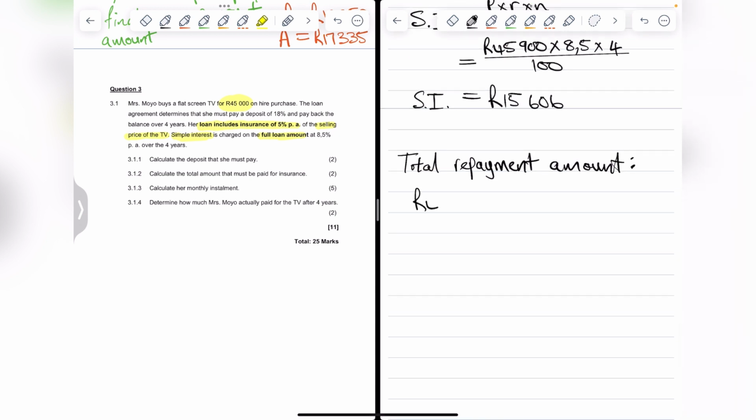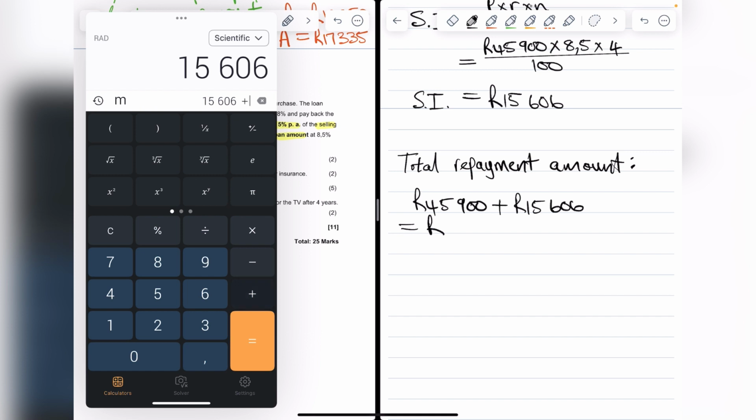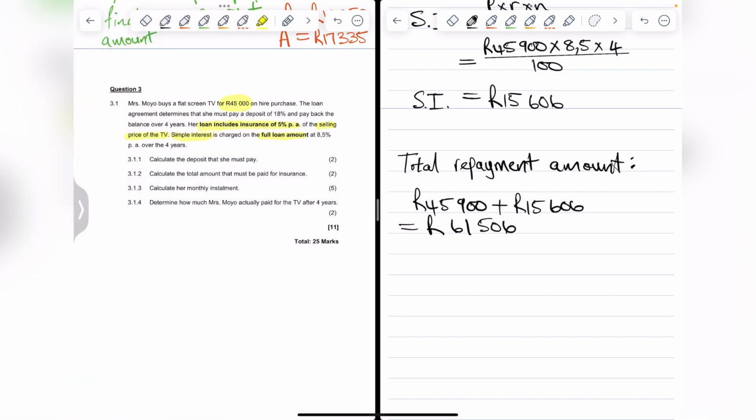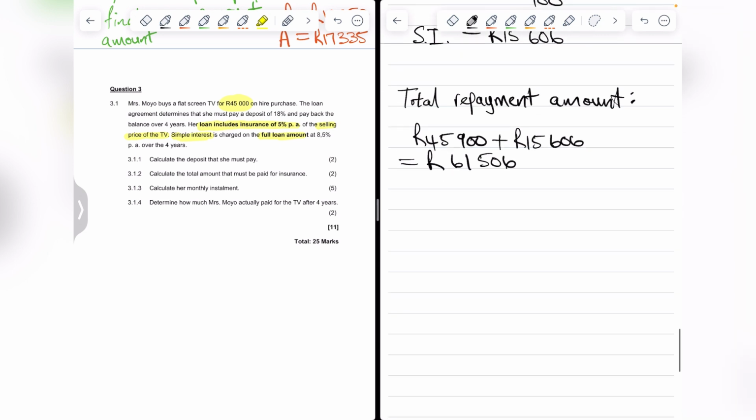It's going to be 45,900 Rand plus 15,606 Rand, and that of course will give us 61,506 Rand. So 61,506 Rand is what she's going to pay back in total after the 4 years on this hire purchase loan. But she's not going to pay it back all at once. She's going to pay it back in installments. So a monthly installment can be calculated from this.